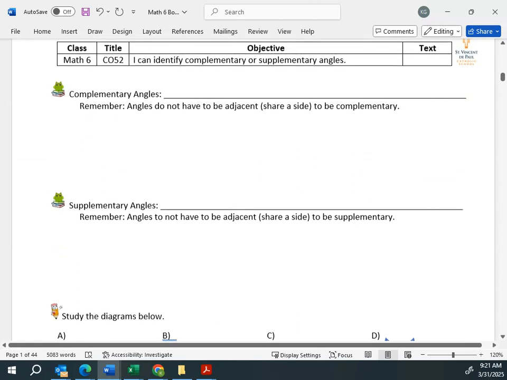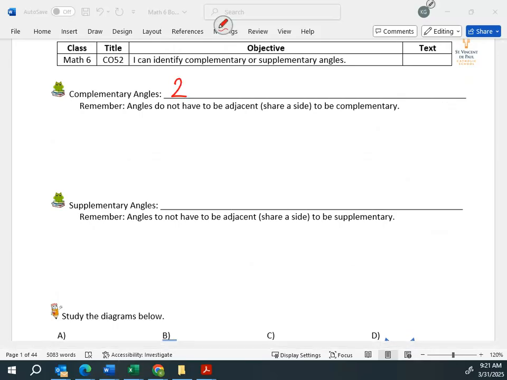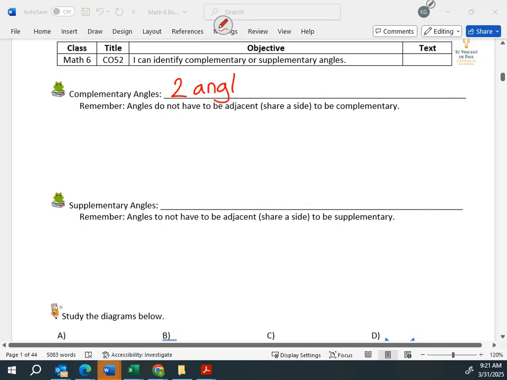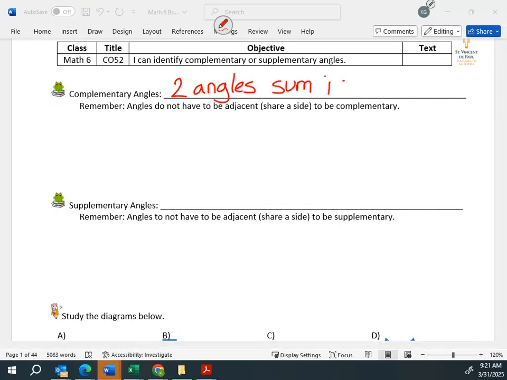All right, CO 52. I can identify complementary and supplementary angles. So complementary angles, for the two angles, the sum or their total is 90 degrees. And supplementary are the two angles whose sum or total is 180 degrees.